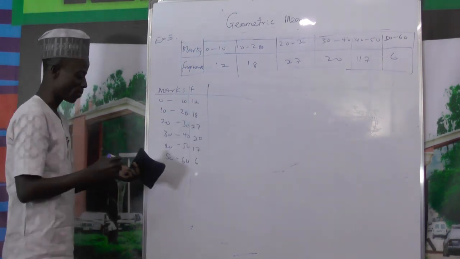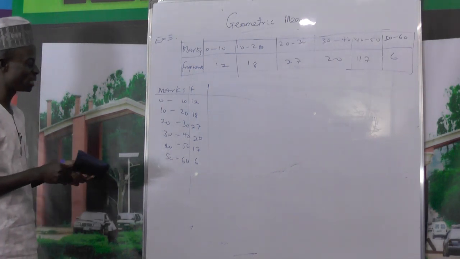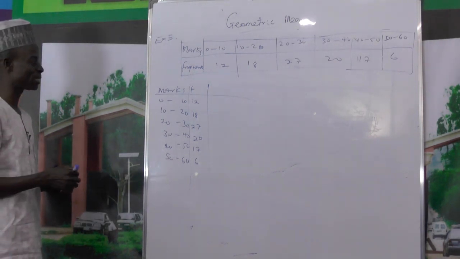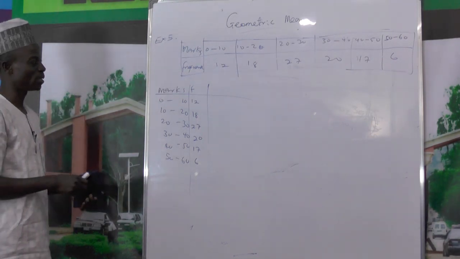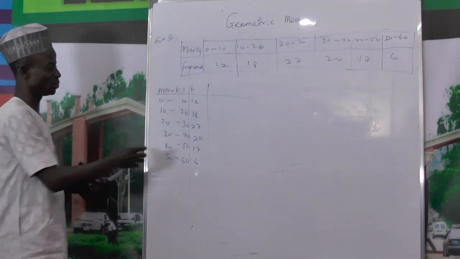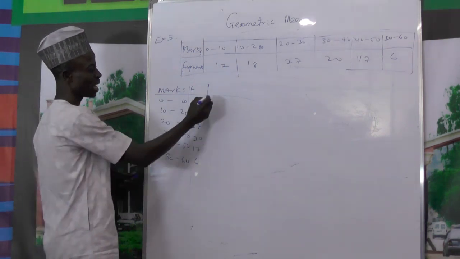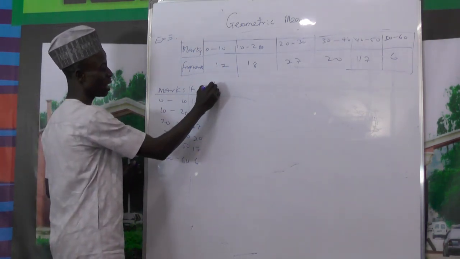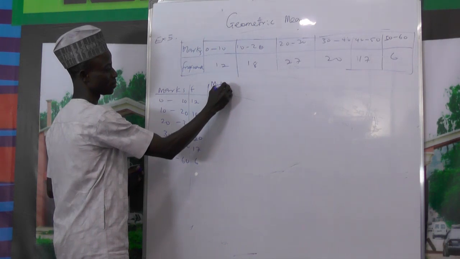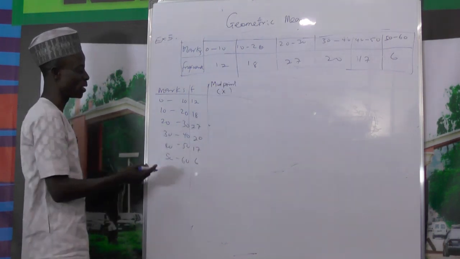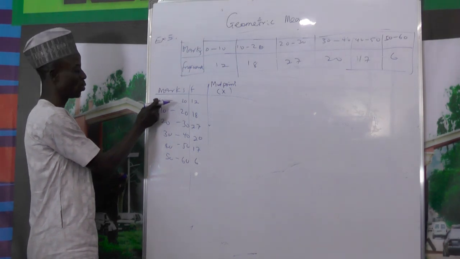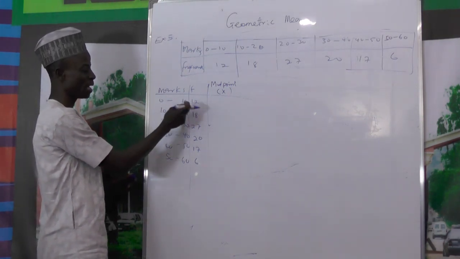So remember, when we were dealing with the arithmetic mean, I said we have a class interval in this place. So to now get our x, we don't have x here. I said we call our x the midpoint. To get your midpoint is just to add the lower side and the upper side and divide by 2.